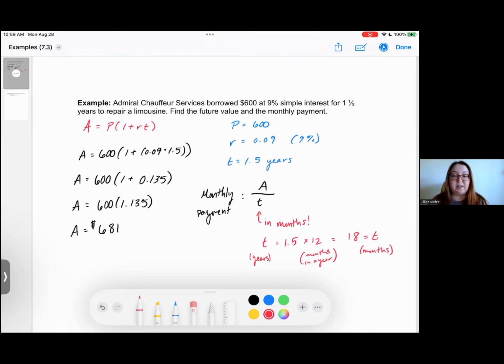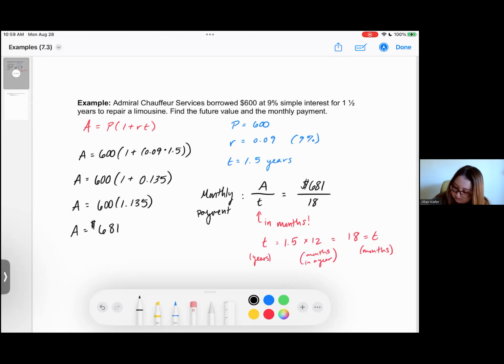So we'll go ahead and plug that in for our monthly payment. We've got $681 divided by our time in months, which in our case is 18 months, or 1.5 years.